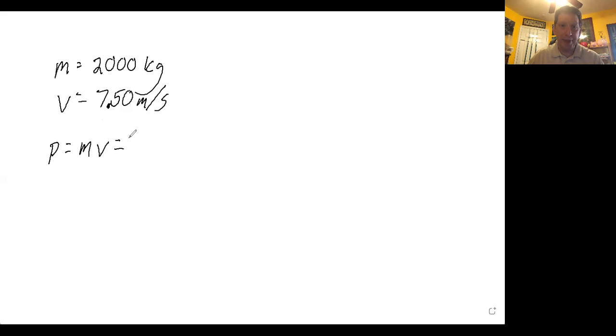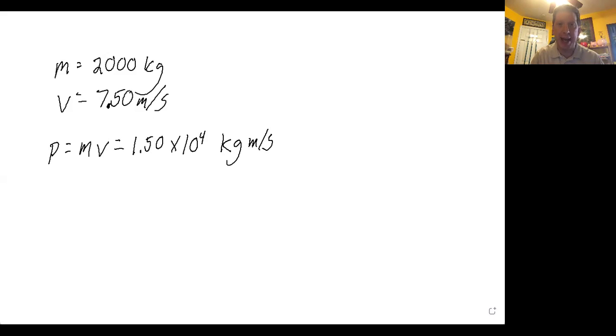And to three significant figures, you can write that as 1.50 times 10 to the 4. And momentum doesn't have special units. In SI units, you would just say kilogram meters per second. And so that's the momentum in this case.